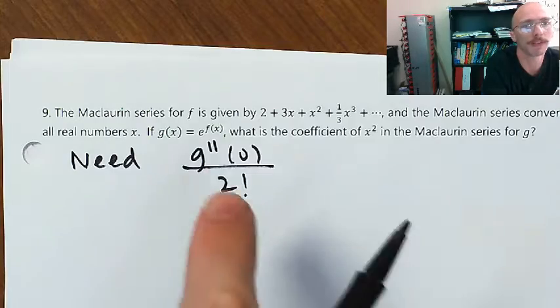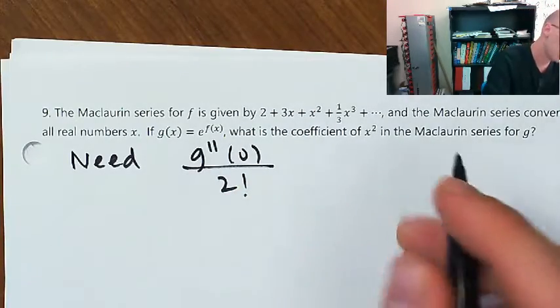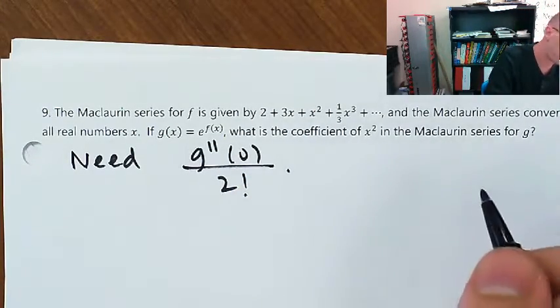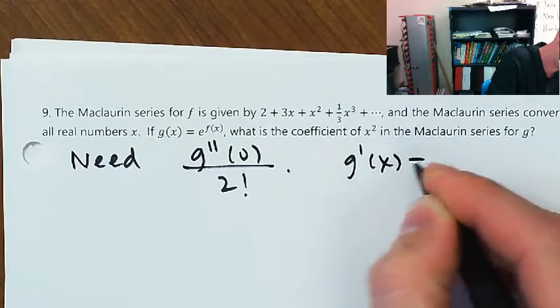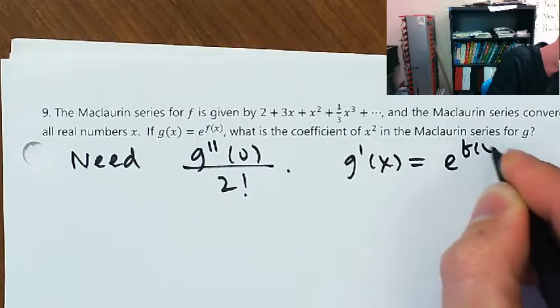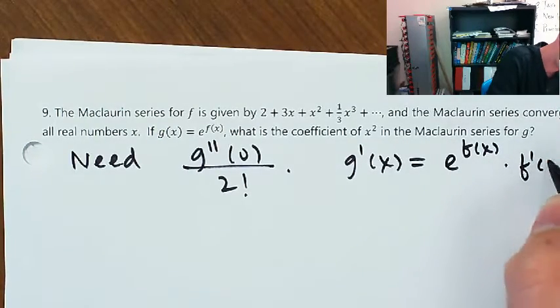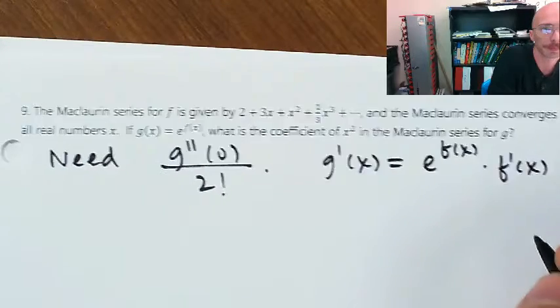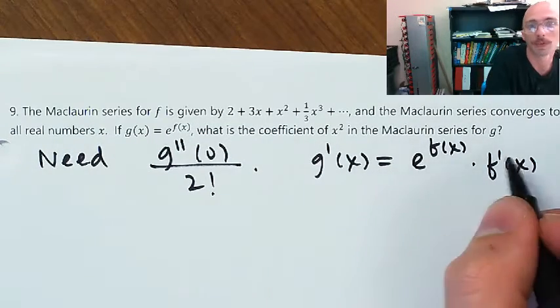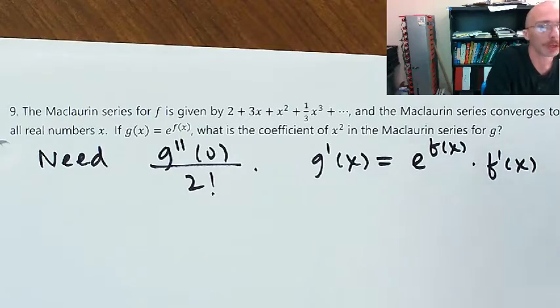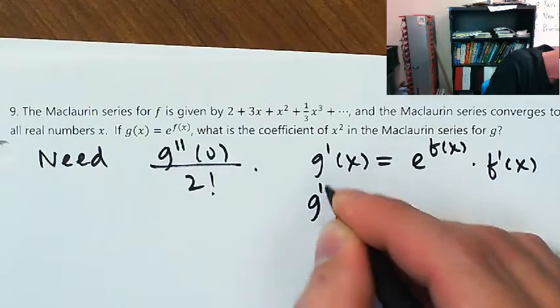But we have a bunch of information about f that's hidden in here. So g prime of x is equal to e to the f of x multiplied by f prime of x for the chain rule. And then I'm going to have to take the derivative of this with the product rule, and that'll be all right.